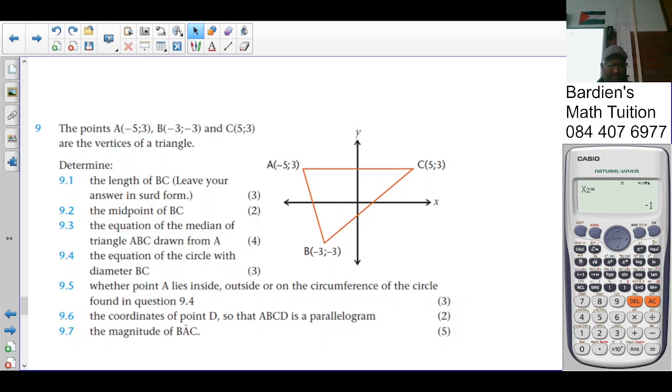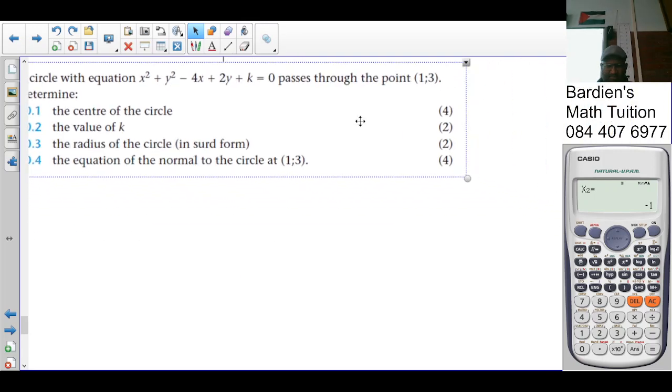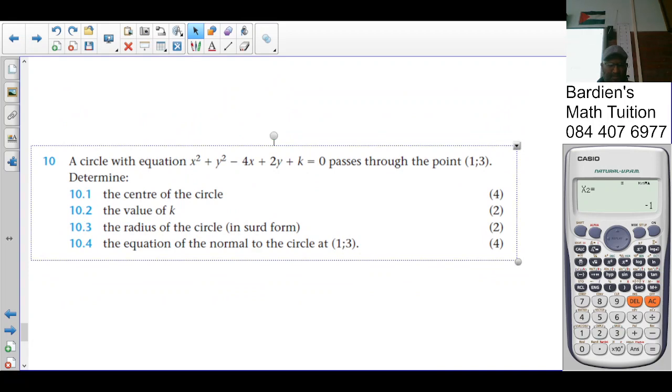Number 12? Number 13? Number 14? Number 15?